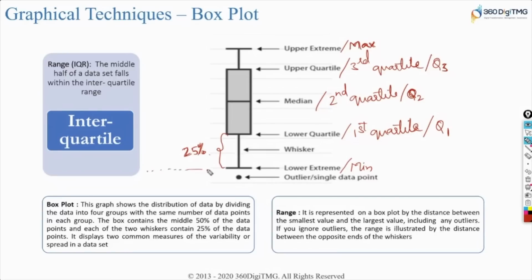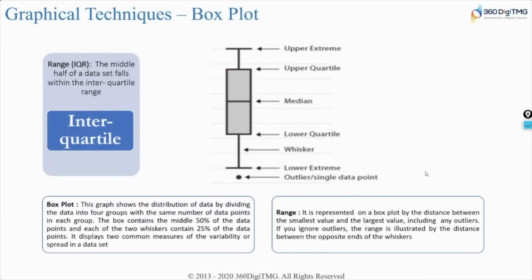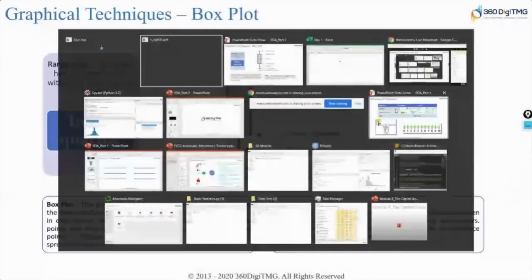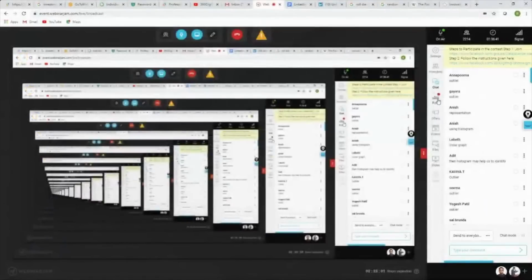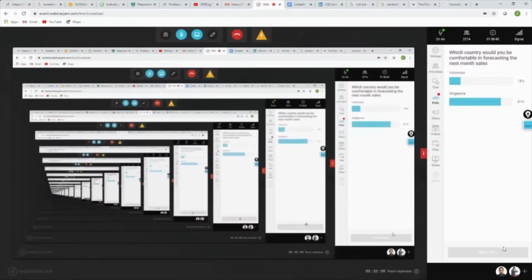And then if you take 3 quarters, what percentage of data would you have here? What do you mean by 3 quarters? Let me quickly ask a poll question.